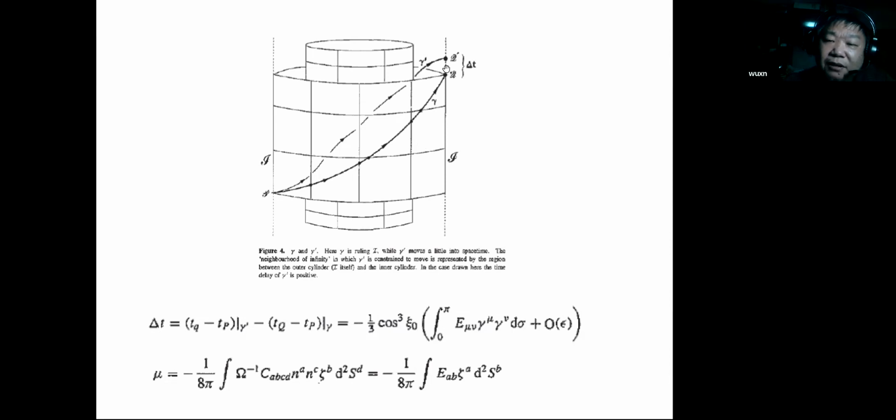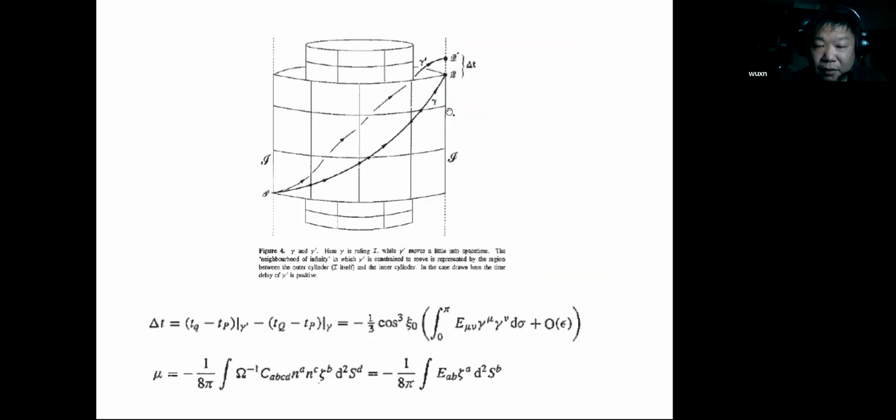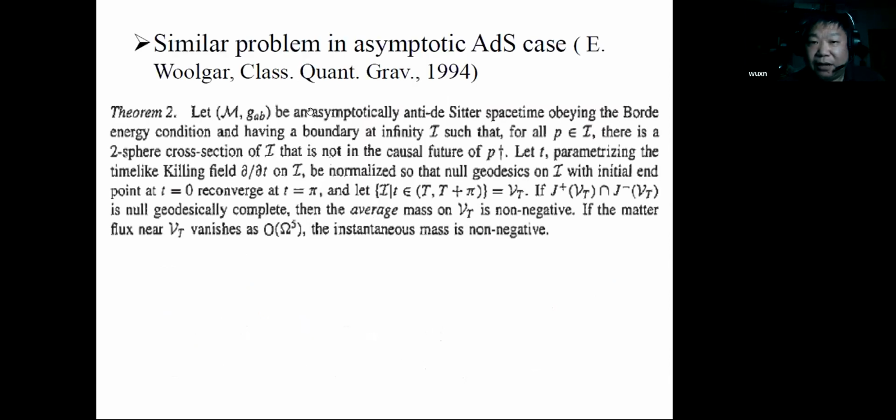That means at each section of the conformal infinity you can get a value of mu, and maybe not each one is positive, but the time average of mu from the section starting from P, sorry, and then until the section that goes through Q, the time average in this section should be positive. That's the result obtained by Ashtekar.